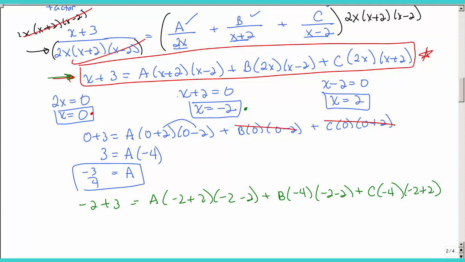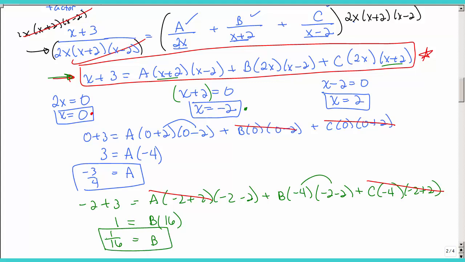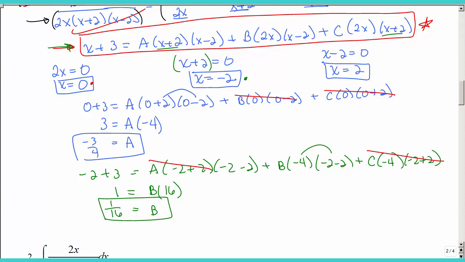Since the negative 2 came from the factor x plus 2, everywhere there is an x plus 2, that is, of course, going to go to 0. And so we have positive 1 equals b times 16. So b is going to be 1/16.